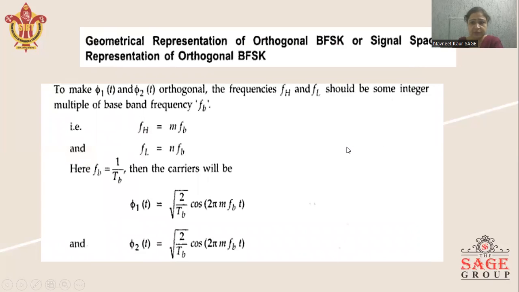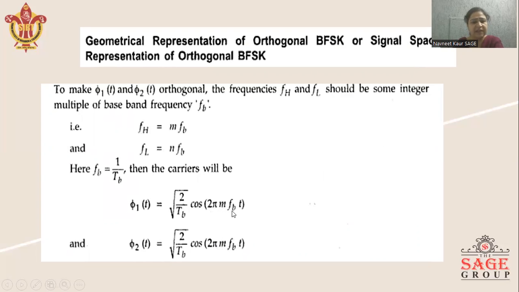Now, coming to the geometrical representation of the BFSK. Here we will assume that FH is some integer multiple of FB, and FL is also taken as an integer multiple of FB. So here we will take two orthogonal carriers, one at frequency FH and one at frequency FL.